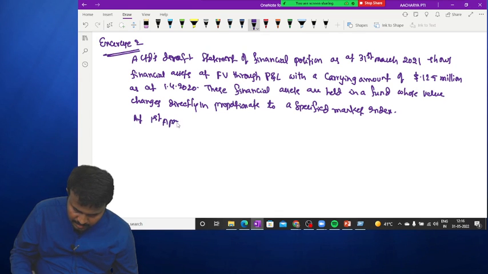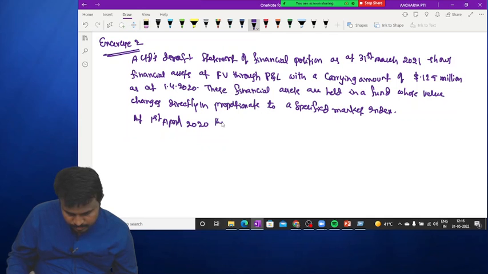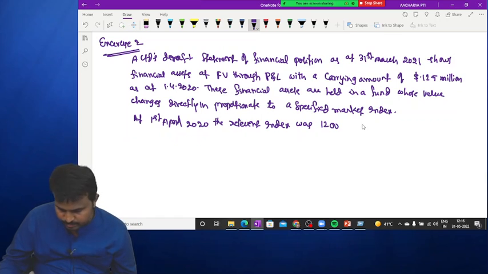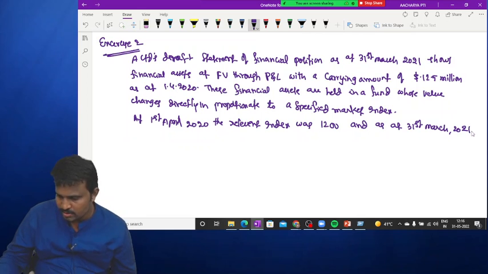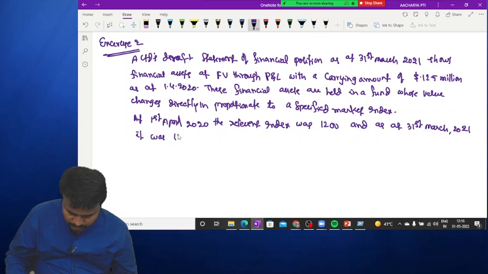At 1st April 2020, the relevant index was 1200, and as at 31st March 2021, it was 1296.